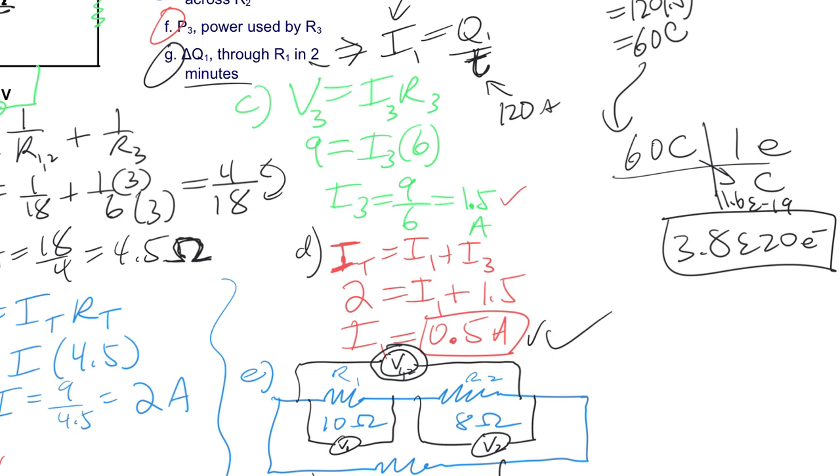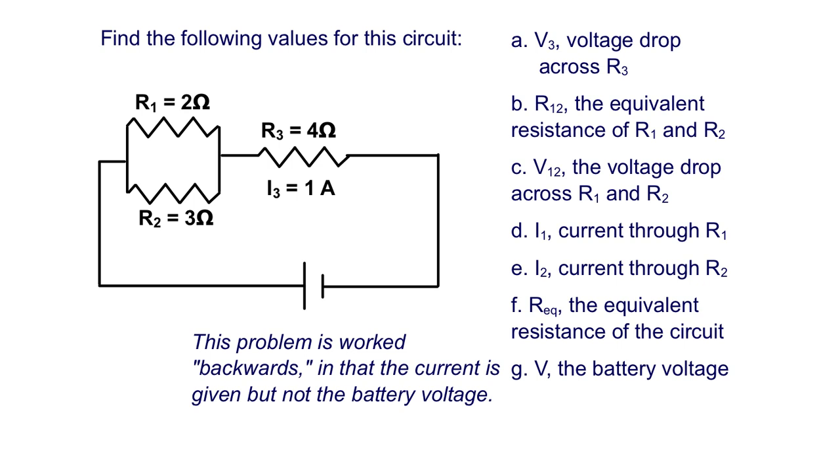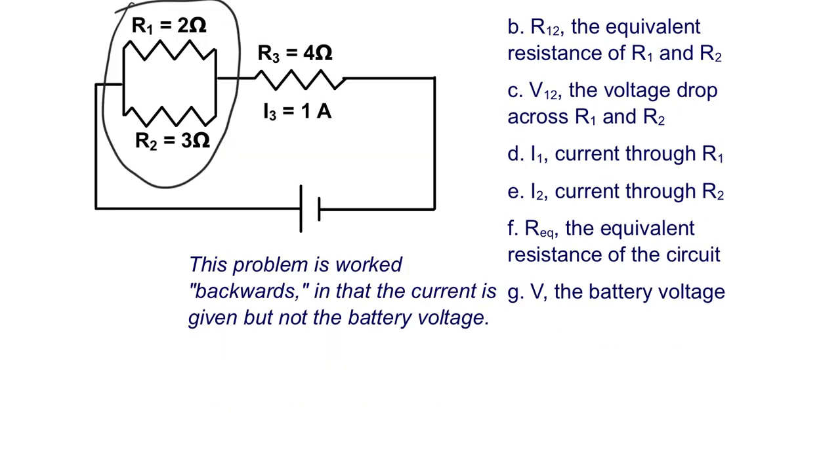Okay, I'm not going to have you do that again, but you should remember that from the beginning of this electricity chapter. Okay, here's another circuit diagram. You can see that these two guys are in parallel, and that parallel branch is in series with R3. So the first thing I really want to do is find RT, or the equivalent resistance.